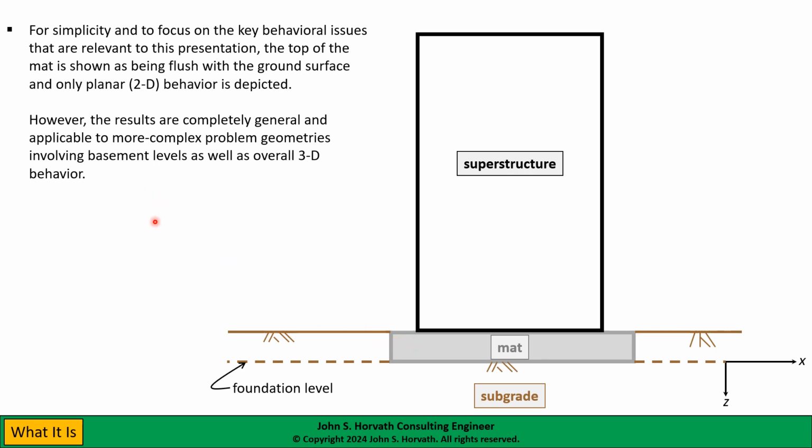Now, that's just a simplification for the purposes of this presentation. Everything I'm going to talk about is completely general, so you can have all the basements you want. This mat foundation could be as deep below the ground surface as you want, and it's also applicable to three-dimensional behavior. So this 2D picture is just to keep things simple so that we can focus on what I want in this presentation.